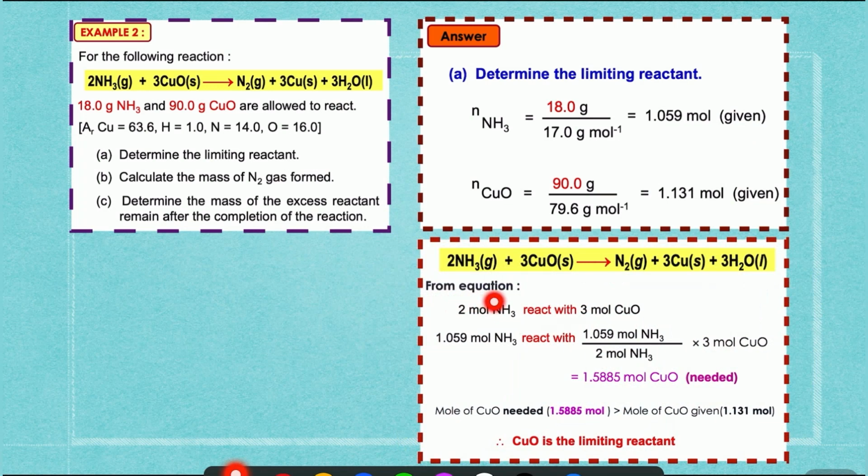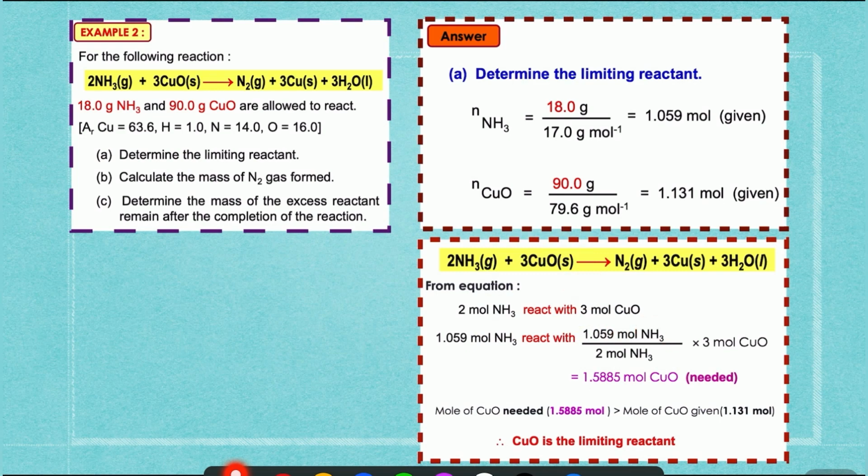From the equation, 2 moles of ammonia react with, because both of them are reactants, you need to use react with, 3 moles of copper oxide.